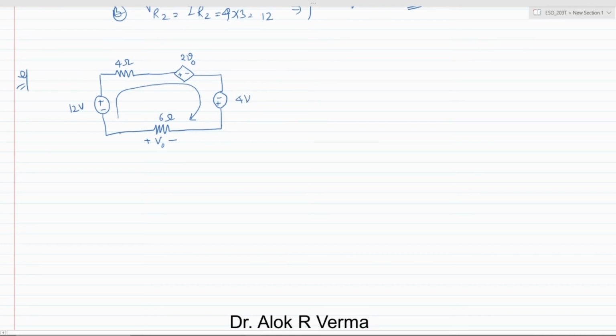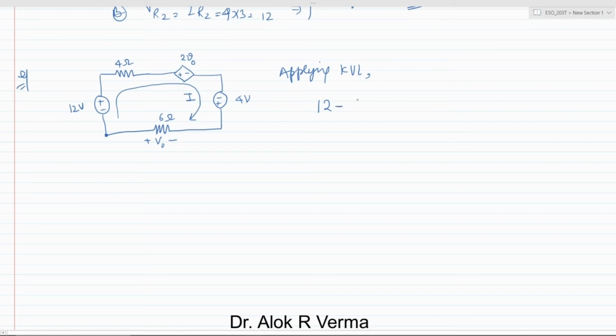Now start from this point. You can start from any point. Solving this circuit, applying KVL: from here, if you start, and we have assumed this direction, and rising voltage is taken as positive, so 12 is positive, then from here it is a drop. The current is assumed as I, so the drop is I into R, which is 4.